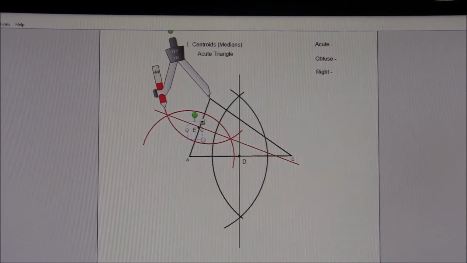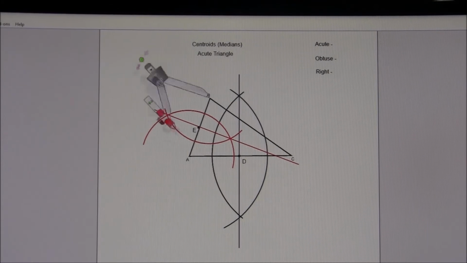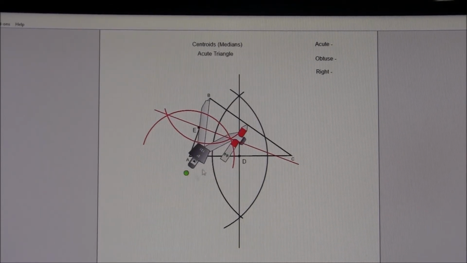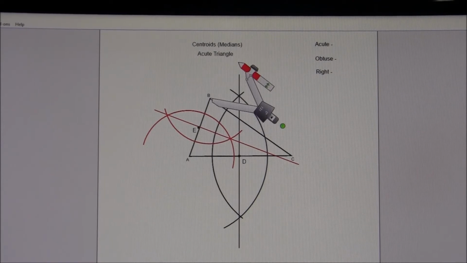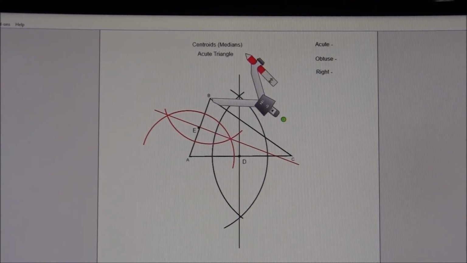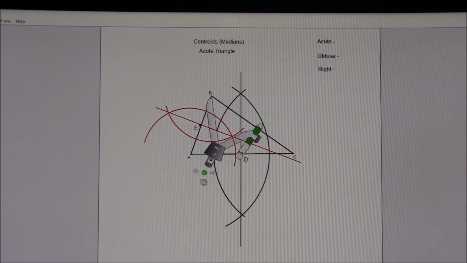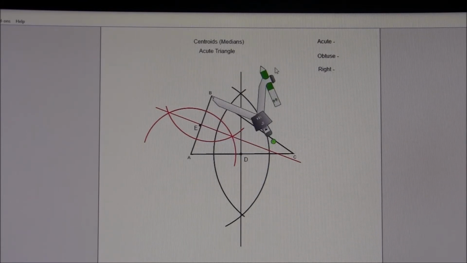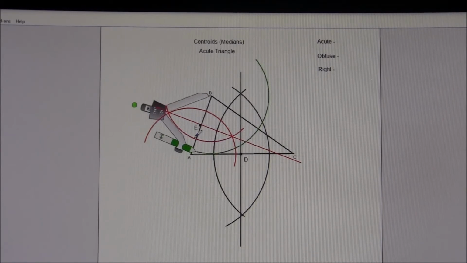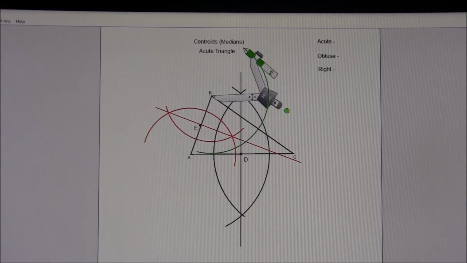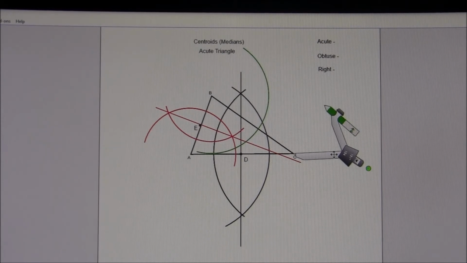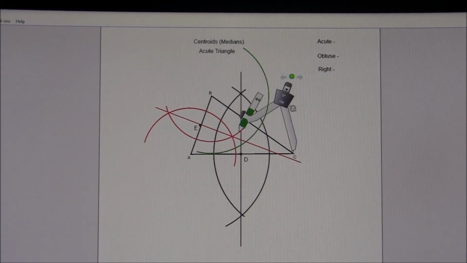And now I've got one more to do, and that would be BC. Let's do that in green. More than halfway. If you want to create circles on each one of these, that is fine as well.